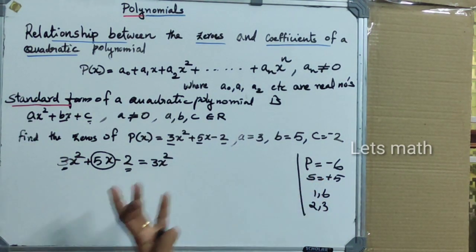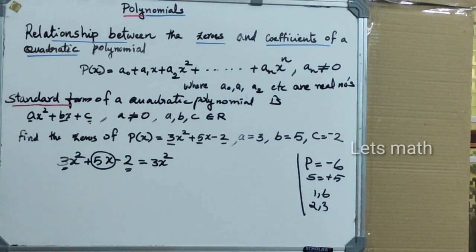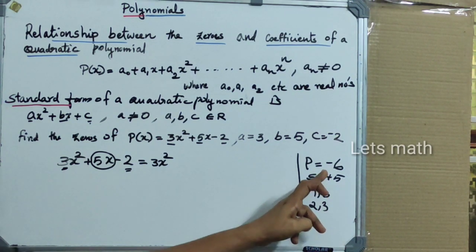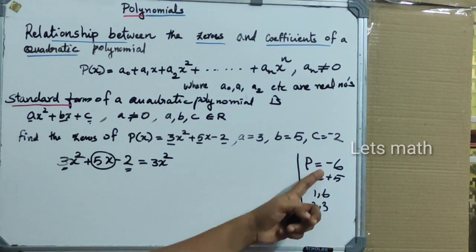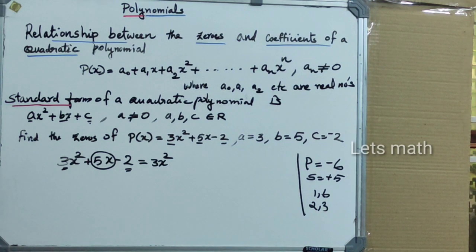Now let us see, the product is minus 6. To get the product minus 6, here also we get 6, here also we get 6. But the product must be minus 6.